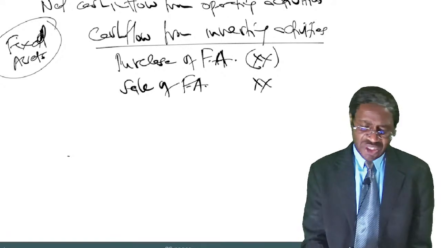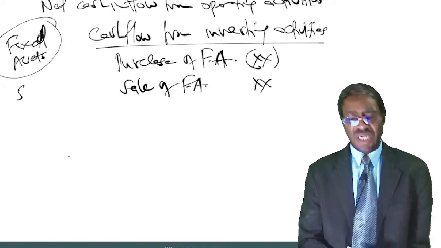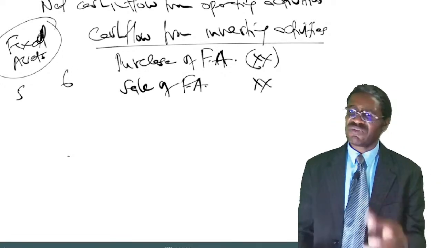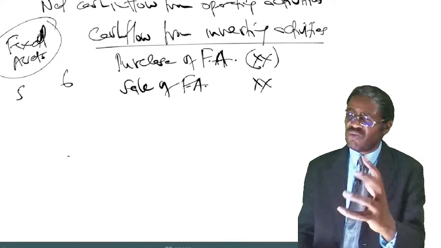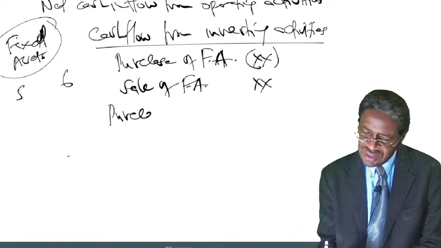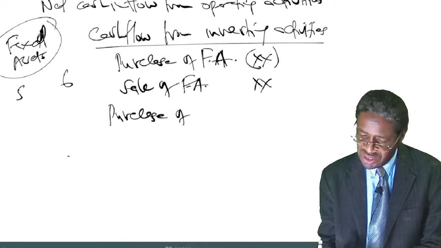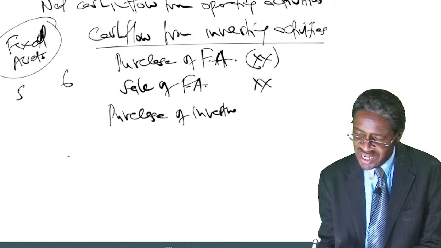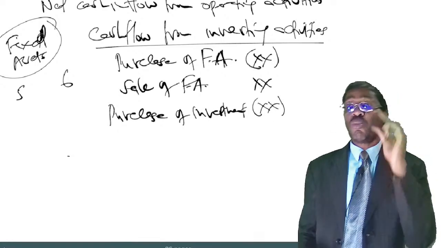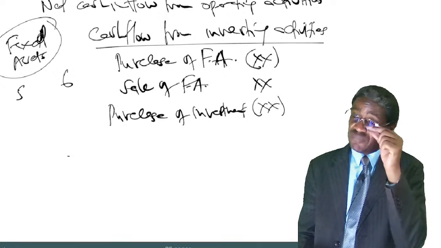So if your investments last year were 5, and this year the investments are 6 million, what could have happened? It could be you bought some more investments. So even purchase of investments is another example of an investing activity.